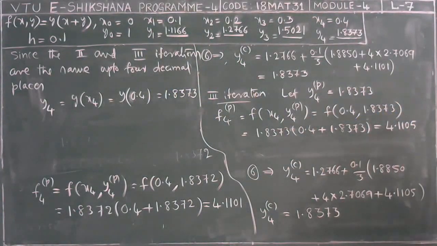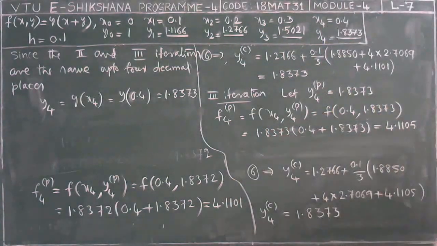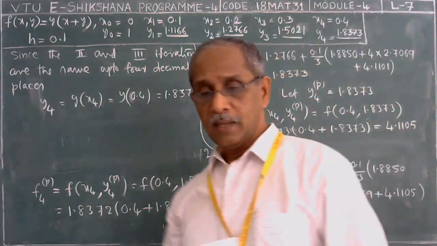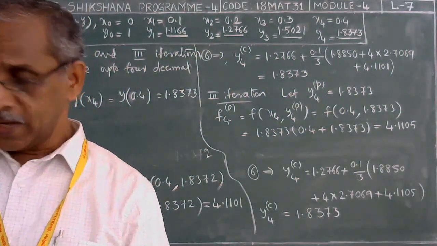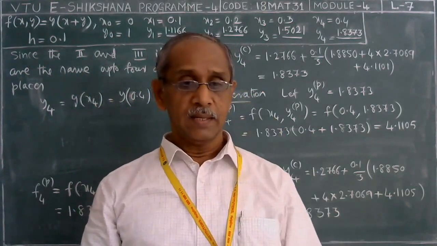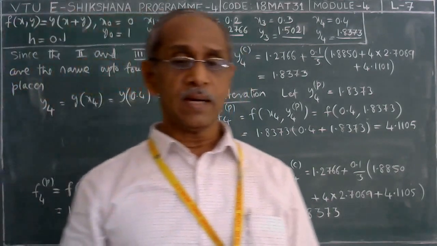So whenever the previous values are not given, to apply the predictor corrector method, we can calculate those missing values by single step methods, either by Taylor series method or by Runge-Kutta method of fourth order or by modified Euler's method.